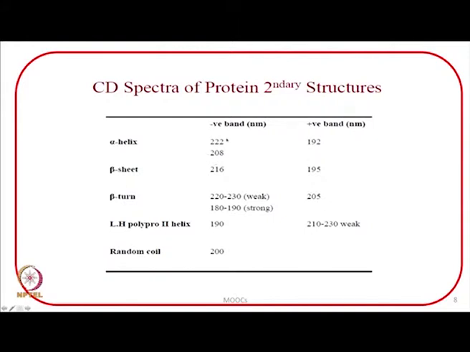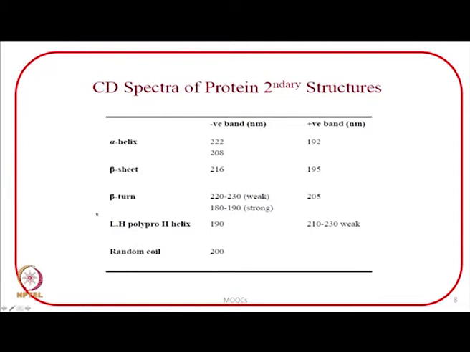So the negative bands at 208 and 222 and a positive band at 192 nanometer will be characteristic of alpha helix. A negative band at 216 nanometer and a positive band at 192 nanometer are characteristic of beta sheet.